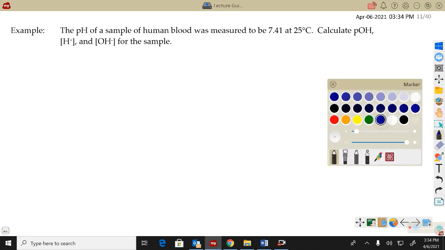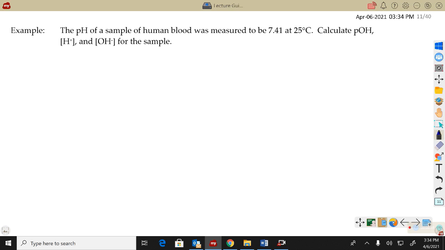There's all kinds of ways that we could get this started. But if I have the pH, I could get to the pOH right away. I could use that equation pH plus pOH equals 14. Super easy, right? So I'd say 7.41 plus the pOH equals 14.